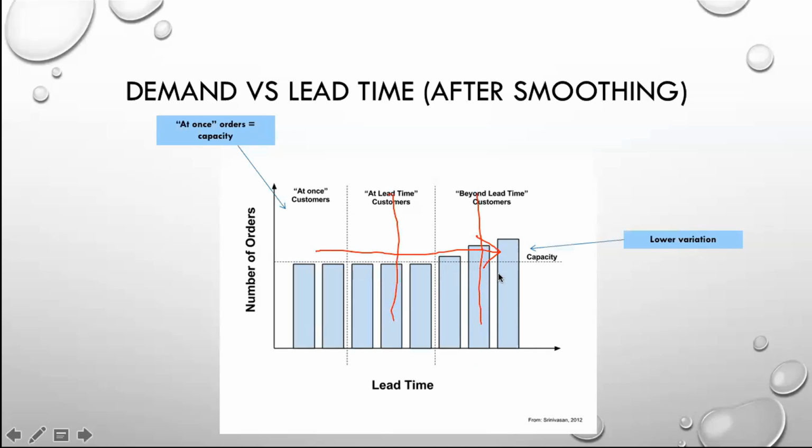And of course capacity. When we deal with capacity, we move this bar up. So now you have more products you can do in each of your categories, and you have more at lead time customers. You have more lead time capacity and more product capacity, if that makes sense.